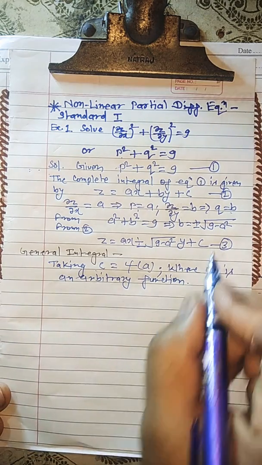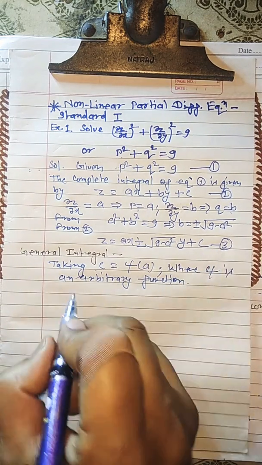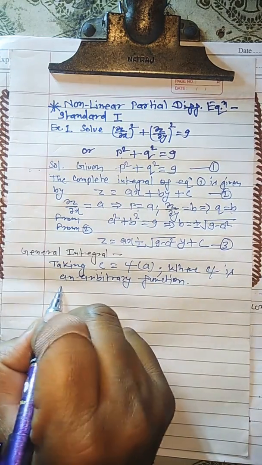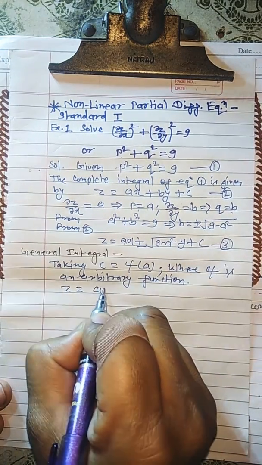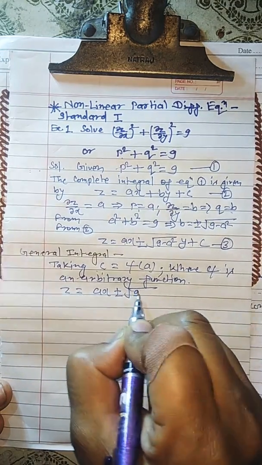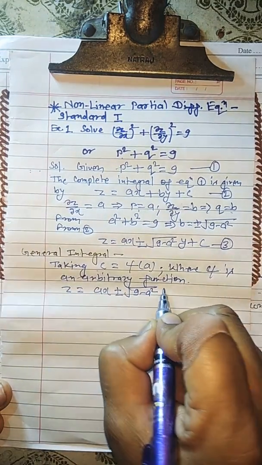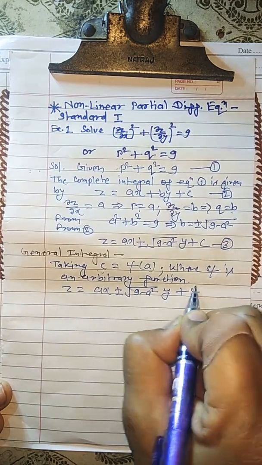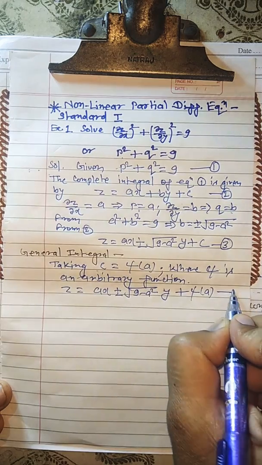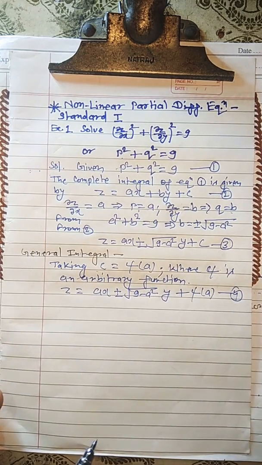Okay, now from equation 3, what we get? We get z equal to ax plus minus under root 9 minus a square y plus psi a, and this is called suppose equation number 4.